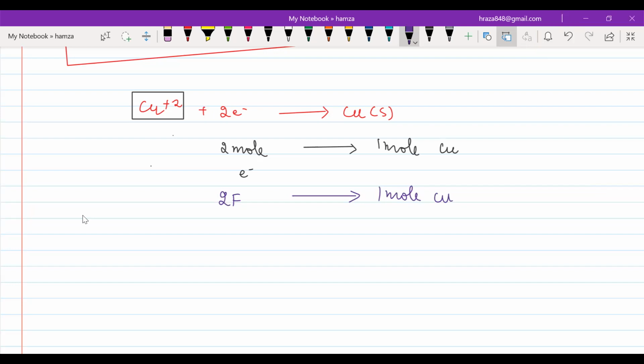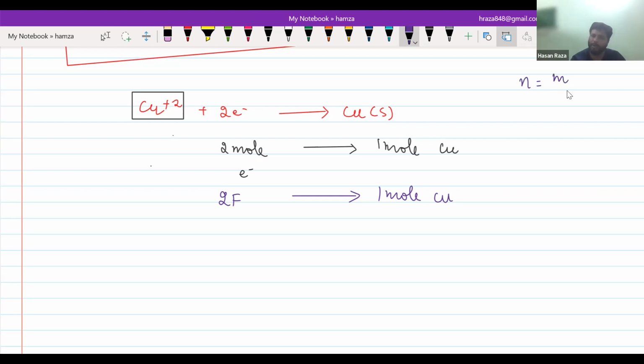Yes, sir. And do you know 1 mole will always be equal to its molar mass? Because number of moles is equal to given mass upon molar mass. What is the mole of Cu? It's given 1. What is the molar mass? 63.5. And mass will then be 63.5. Yes or no?